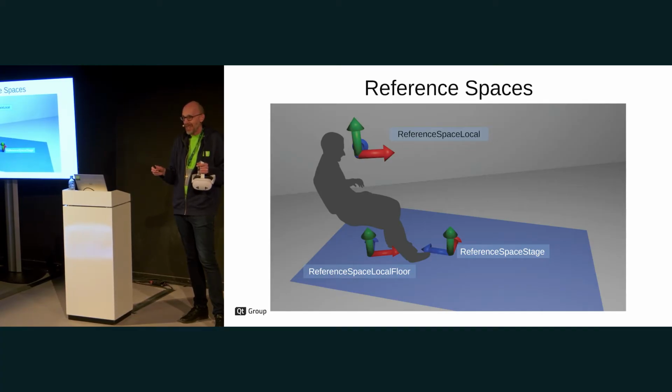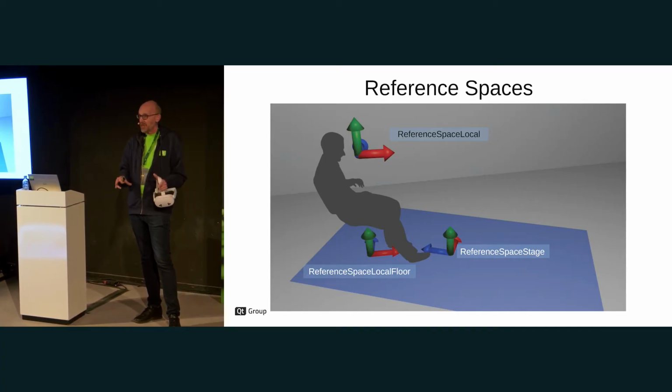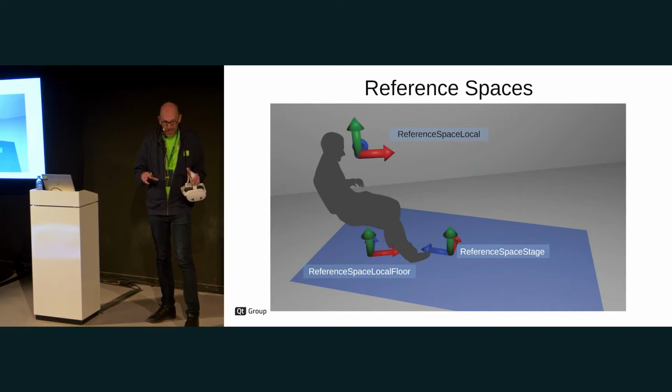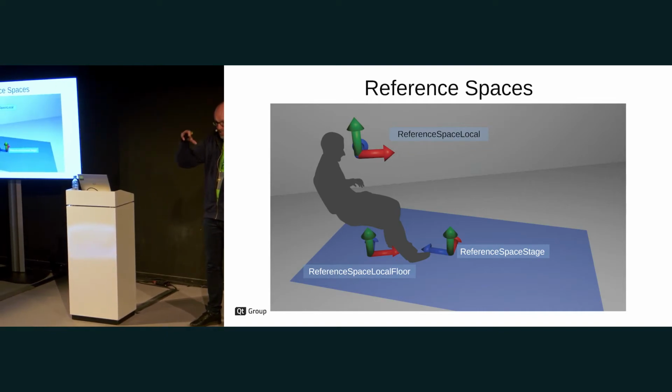This is for seated experiences, for instance, and when things are actually placed relative to the floor, it will not feel natural unless you have the floor as your reference space point, because the user can tell that the floor he's seeing is not the same as the floor he's feeling.